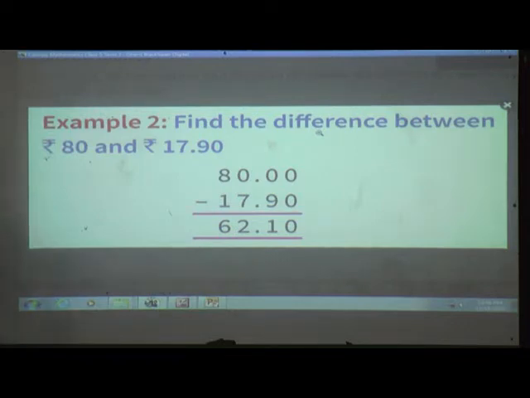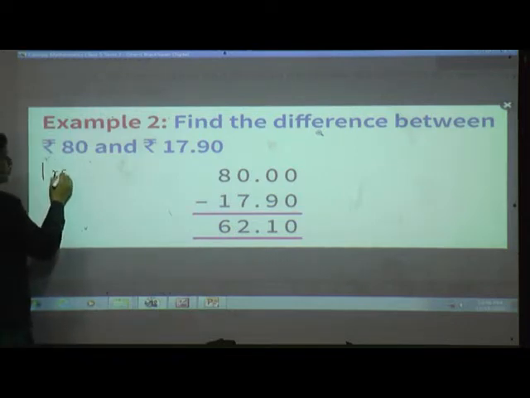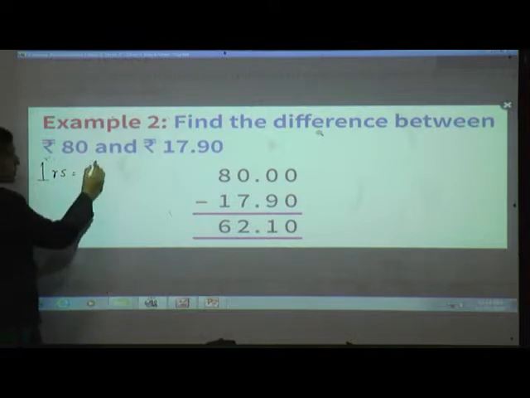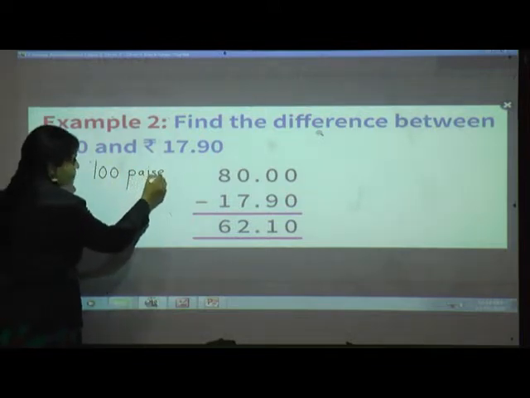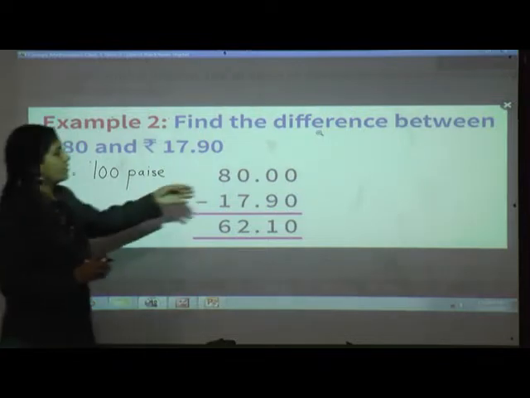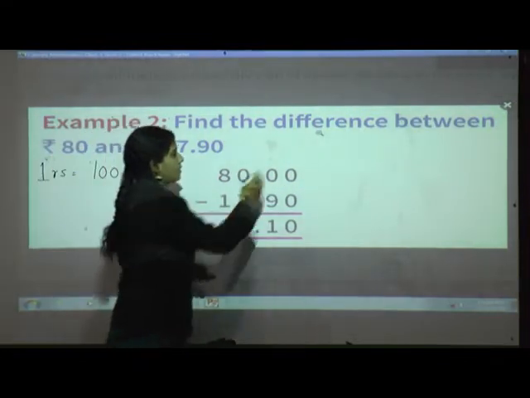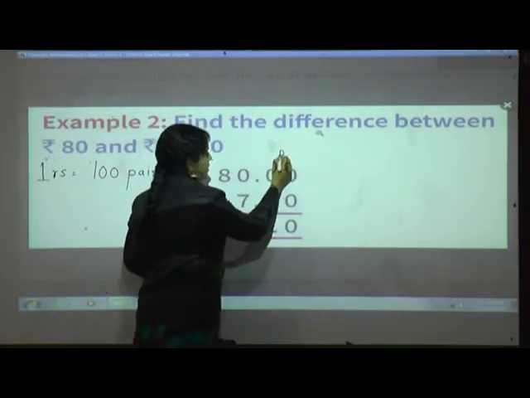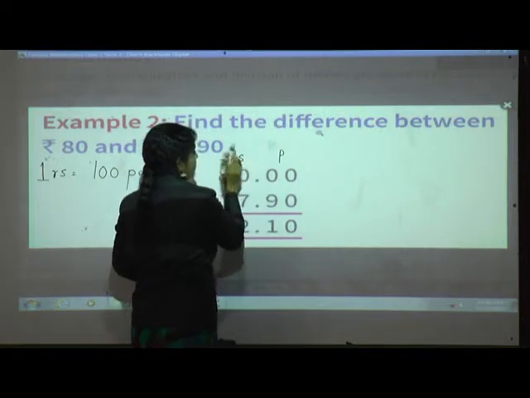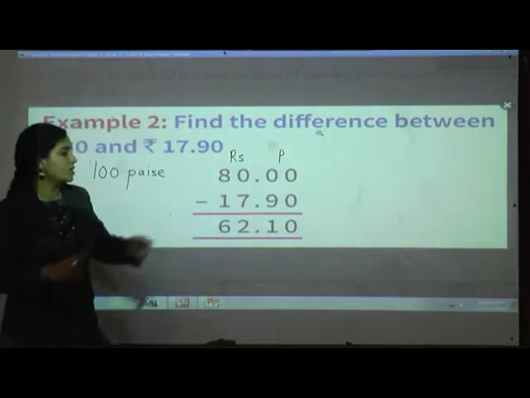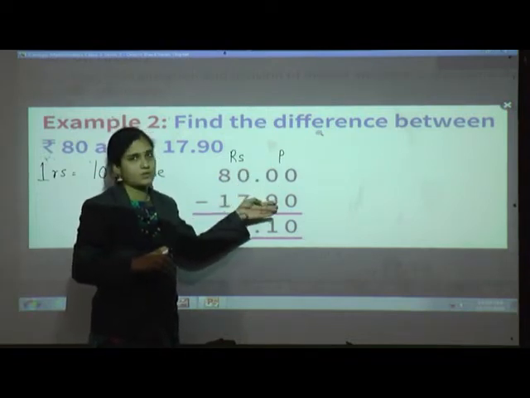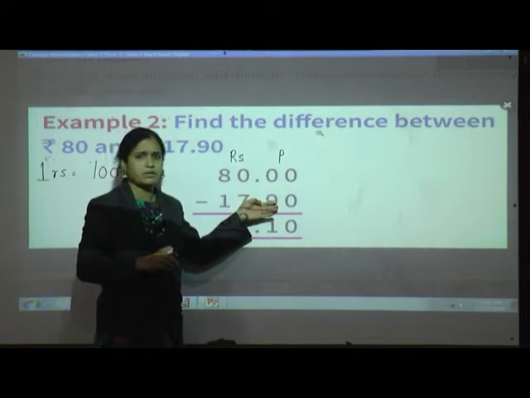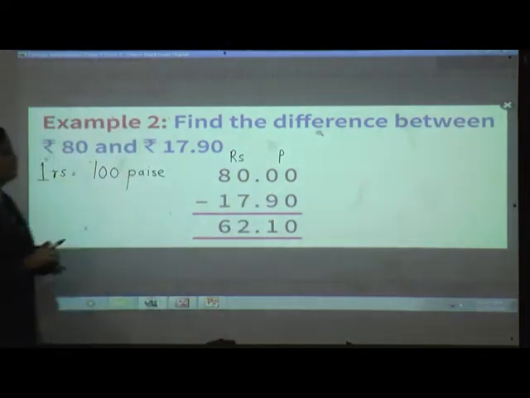Now tell me, 1 rupee is equal to, yes, 100 paise. Very good. Now here this is the column of paise and here the column of rupees. Now students, we can't subtract 9 from 0. Now what to do, students?